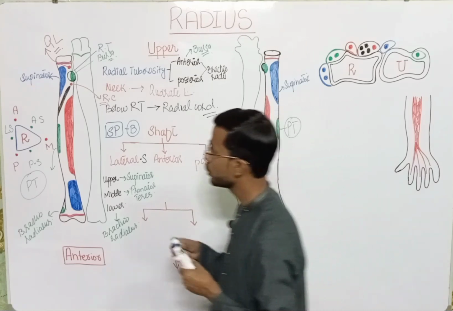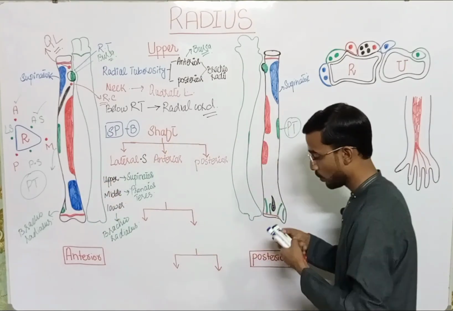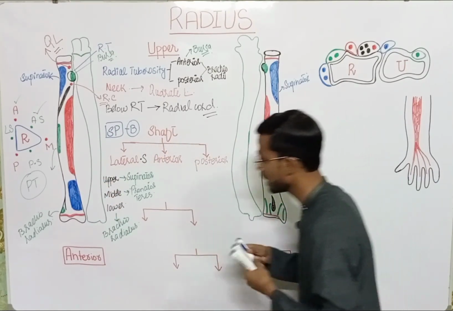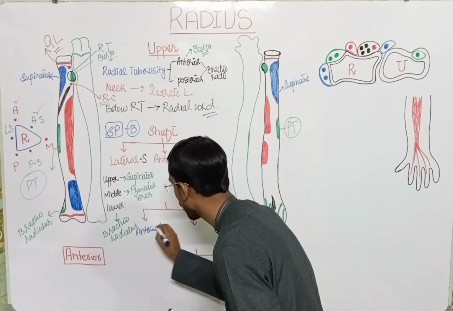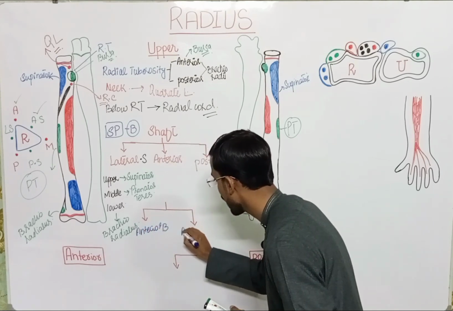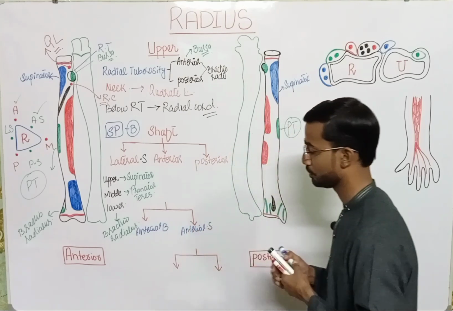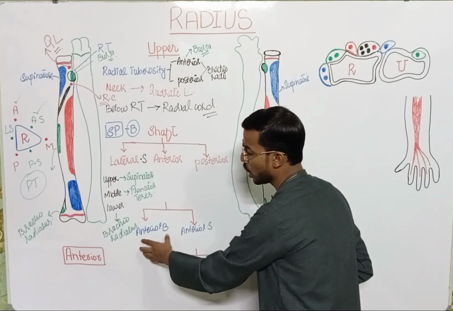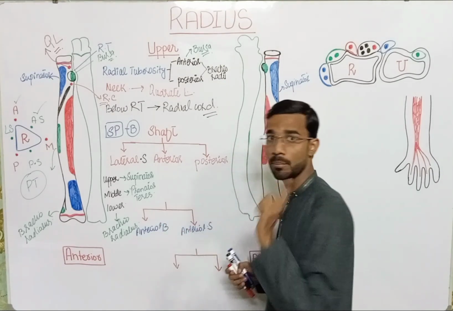So we see the two, anterior surface and the anterior border. Here you can see this is the anterior border and the anterior surface. Now first of all, we will see what muscle is present at the anterior border.